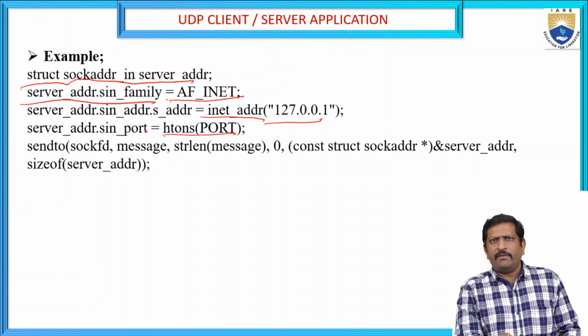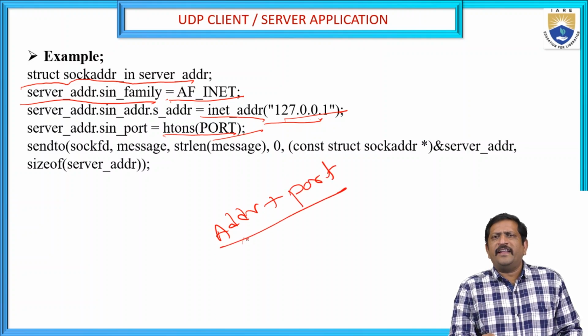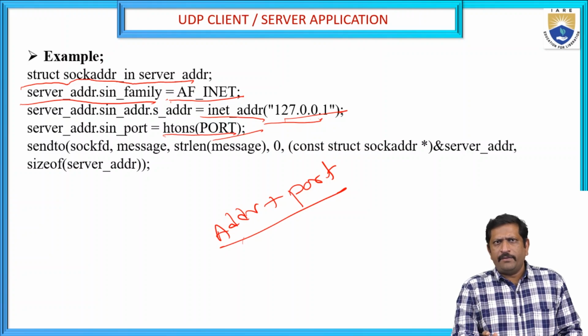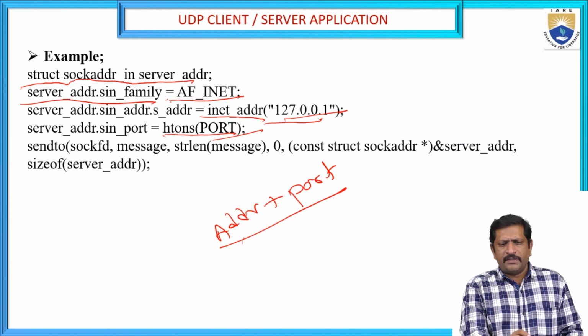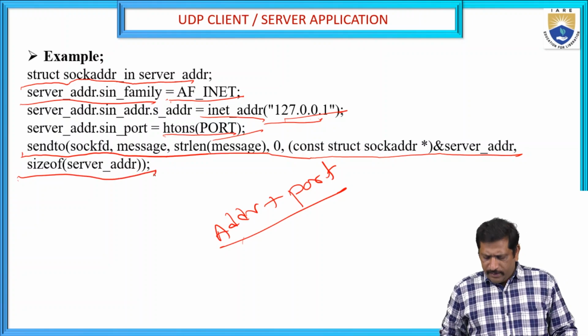With the help of the address and port number, we can identify the destination, the particular device. After identifying the device, we call sendto(socket_fd, message, strlen(message), 0, (struct sockaddr *)&server_addr, sizeof(server_addr)).